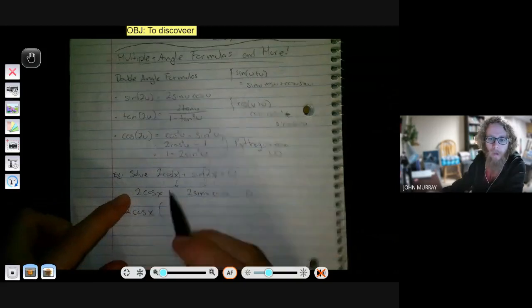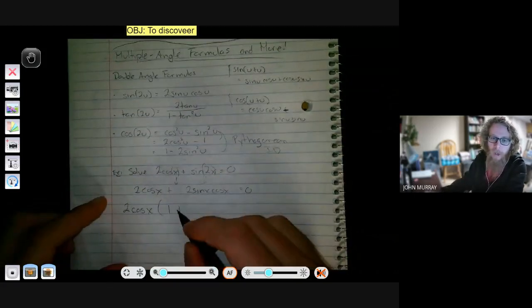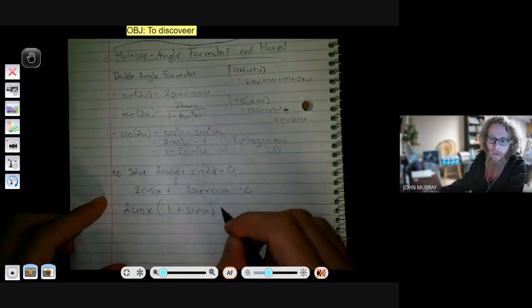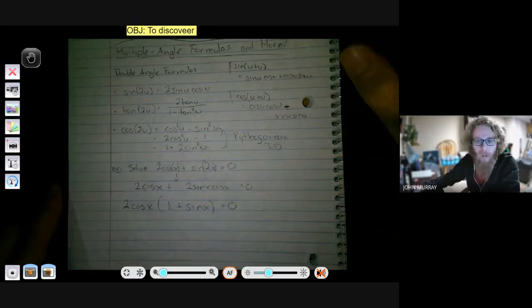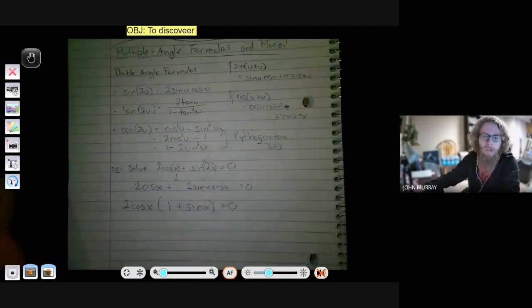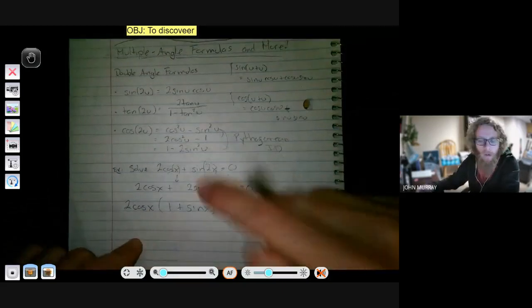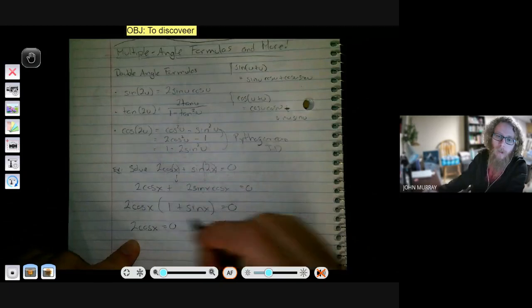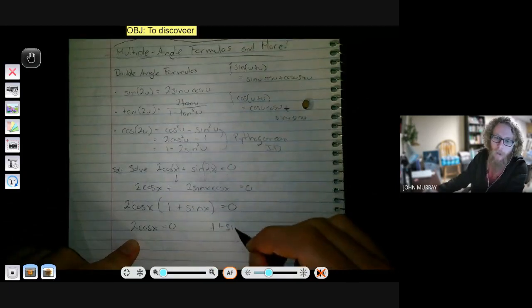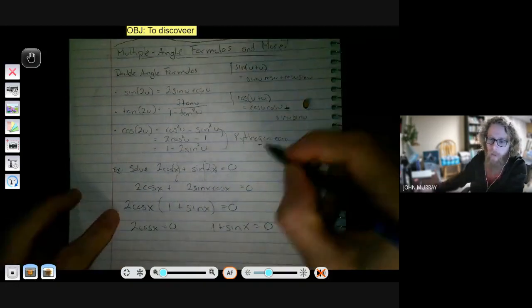When I factor out a 2 cosine from here, I'm left with 1. When I factor out a 2 cosine there, I'm left with sine of x. And now we have a basic multiplicative property of 0. I'm multiplying two things together and it equals 0. So that means the first part is 0 or the second part is 0.